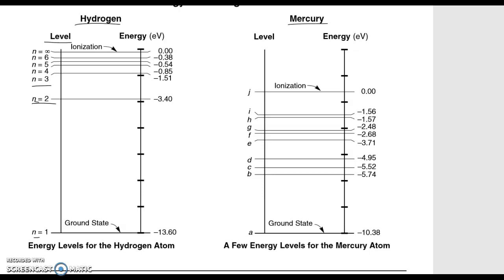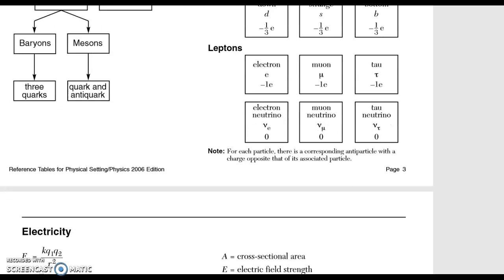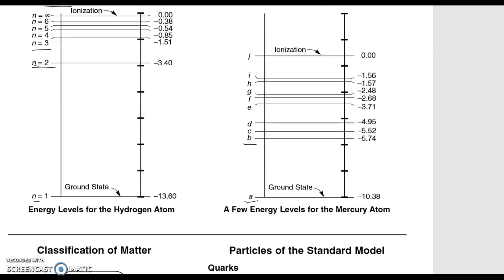That's most of what is talked about. You also can talk about Mercury's energy levels, which are A through J. And these are on your reference tables on page 3. You can see both of these have a ground state, which is the lowest energy level.